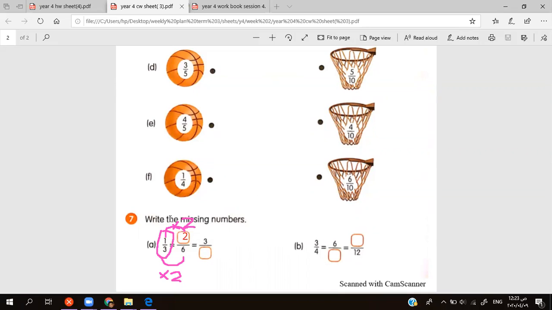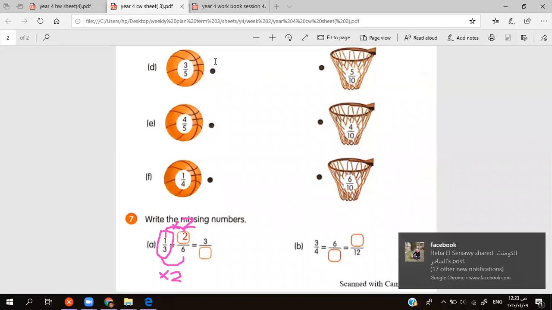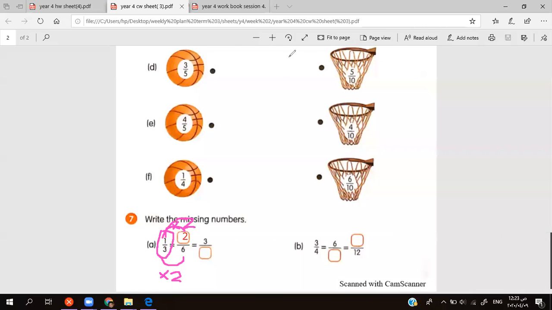How did the 1 become a 3? By multiplying by 3. So here also down I'm going to multiply by 3. 3 times 3 gives me a 9.